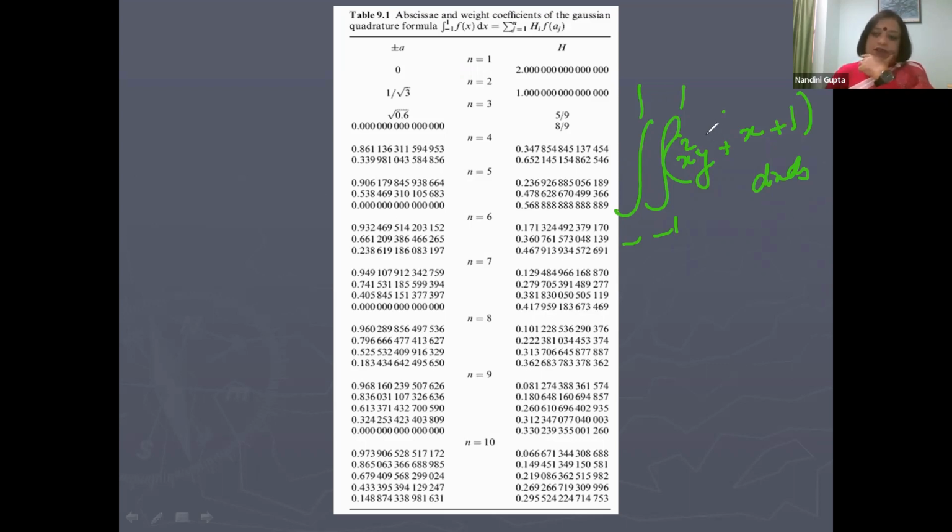Or for the first time, let us consider this original thing only. Let's go with this. What point quadrature should I use?